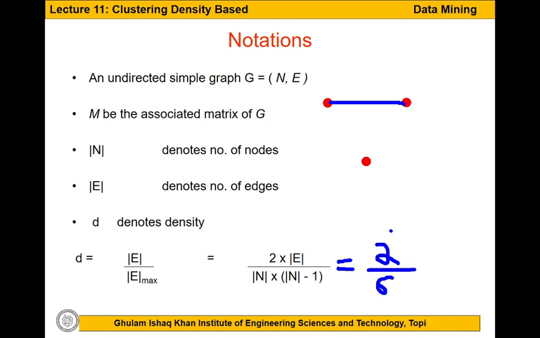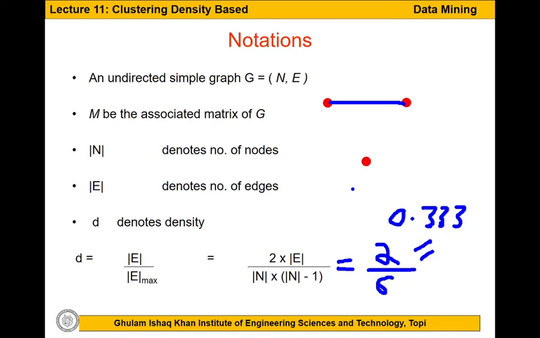And if you could see that the value using this graph, the density of the graph will be 0.33, right, which is less than the previously drawn graph.